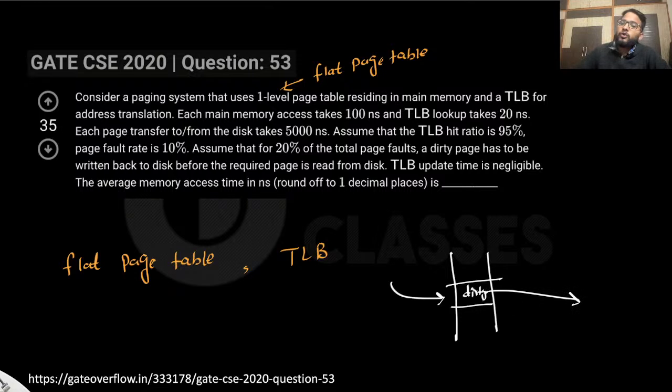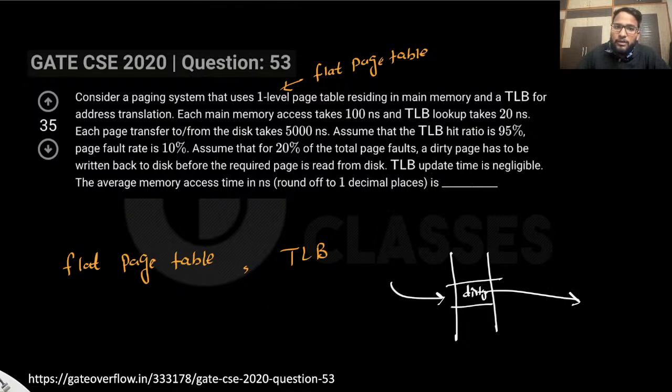So if there is a page fault, which means this page is not the required page, then you will first check whether this page is dirty or not. If that page is dirty, you will write it back. If that page is not dirty, then that's not a problem, right? So that's what they are saying.